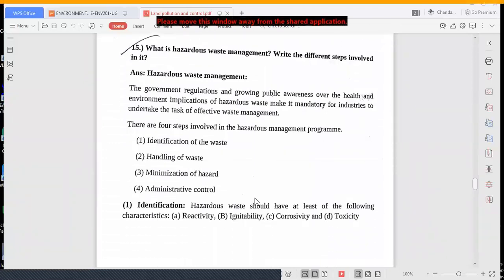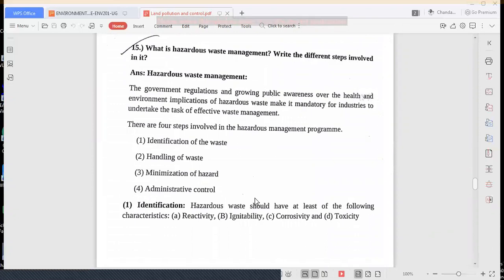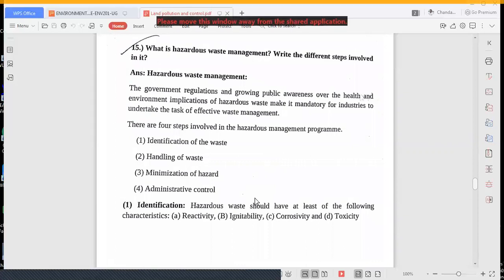The last portion of solid waste management is hazardous waste management. Government regulation and growing public awareness over the health and environment implications of hazardous waste make it mandatory for industries to undertake the task of effective waste management.